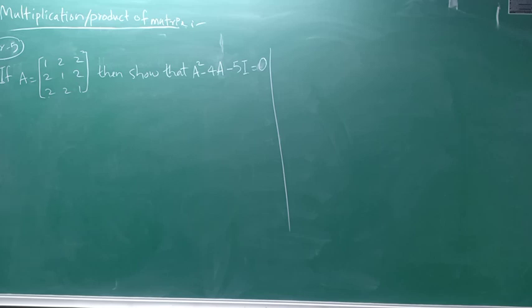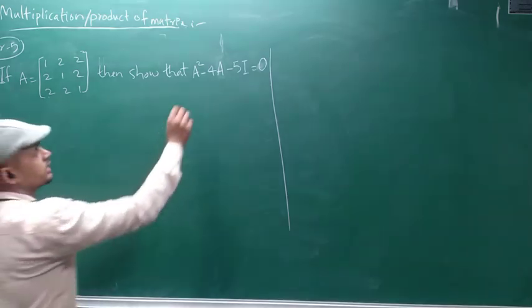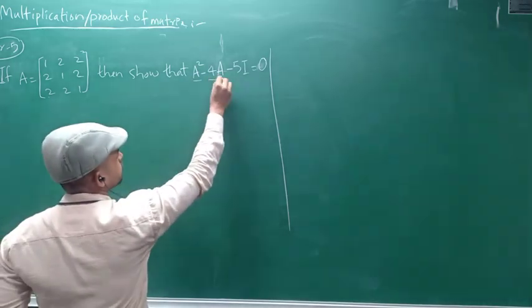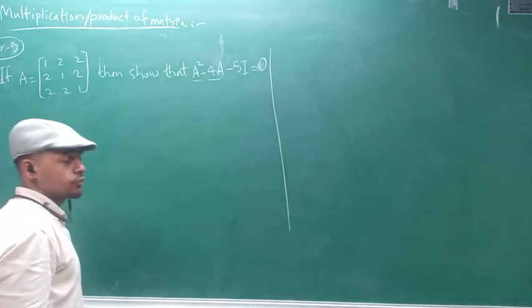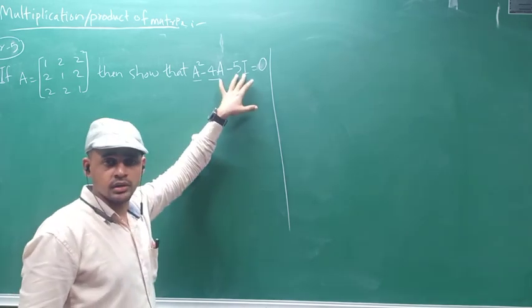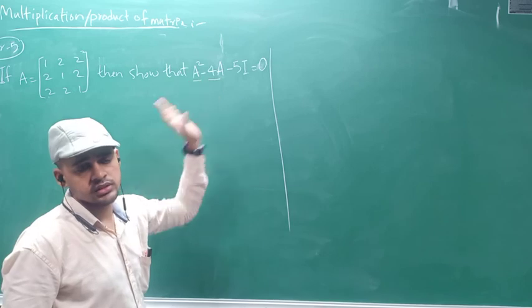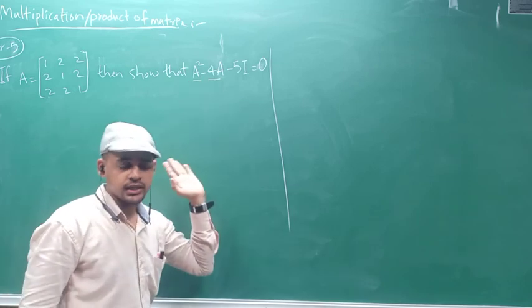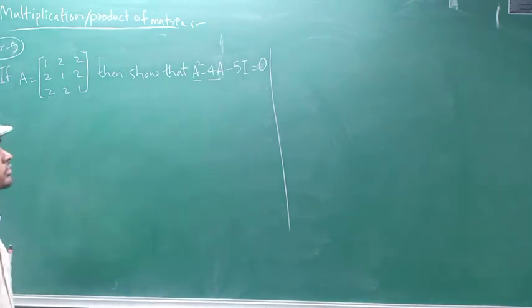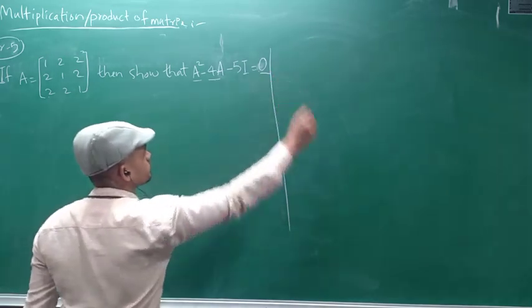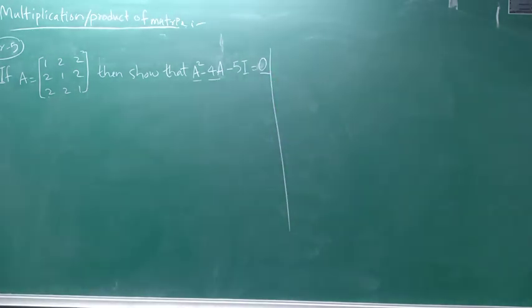So in this question, first we are going to find A square, then we are going to find 4A, and then we will get 5I. After getting these three things, we are able to find 0. Okay, so let's find A square.